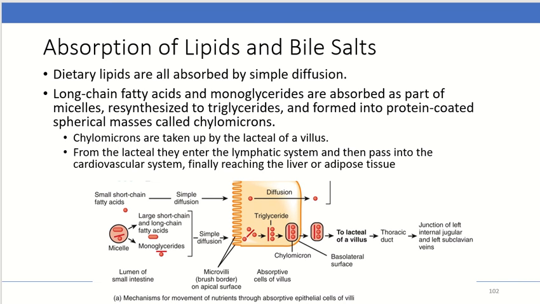These are going to be taken up by the lacteal of the villus, and then from that lacteal they're going to enter the lymphatic system and are then going to pass into the cardiovascular system, where they're going to reach the liver or the adipose tissue. This is an interesting little process here.